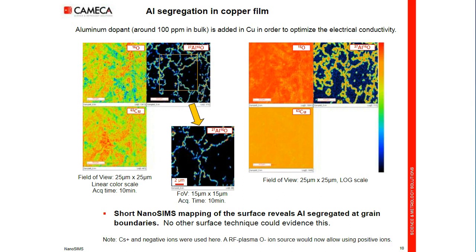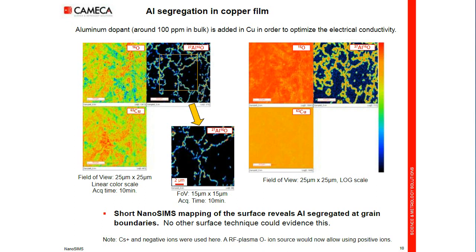The image is recorded in 10 minutes, 15 by 15 micron, 256 by 256 pixels. So it's a fast technique to detect elements at low level with a good resolution.